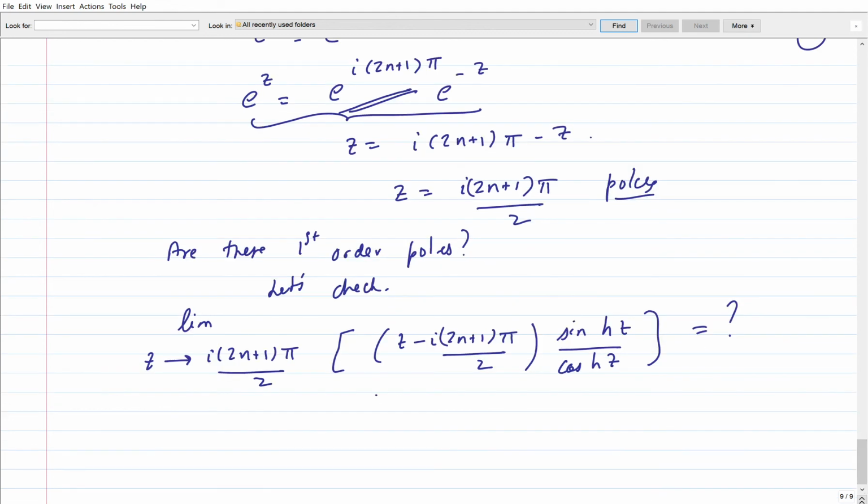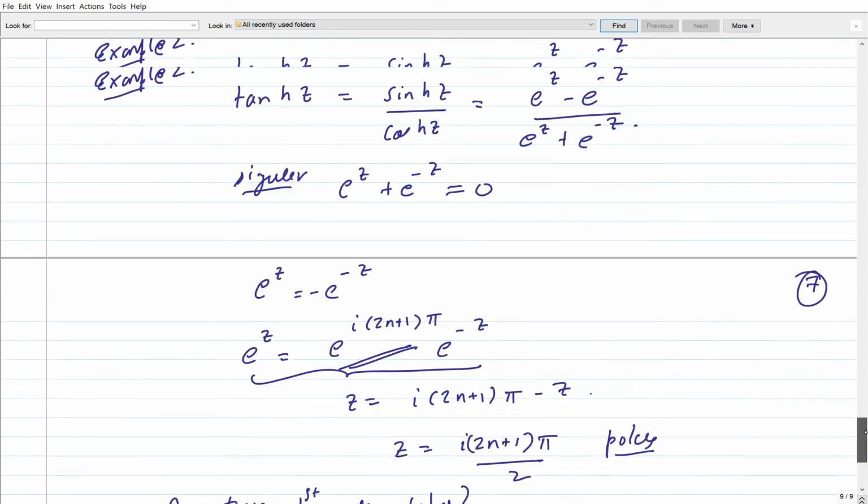I'm just plugging it in, remember just the definitions. So we use L'Hopital's rule to evaluate this limit. I'm just evaluating the function at the value of the pole.